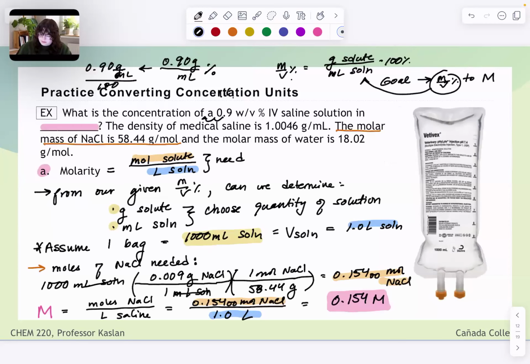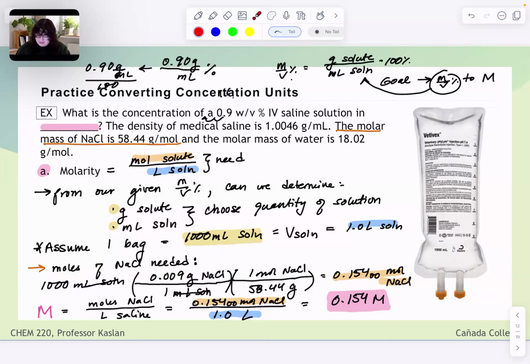So going back to our work on the previous page, we took the 1,000 mLs of solution and utilized the mass volume percent, which tells us the grams of solute per mL solution. And then once we had our grams of solute, we divided by the molar mass to get our moles, which was 0.15400. Again, chemists are two things. They are cheap and lazy. So let's reuse that number.